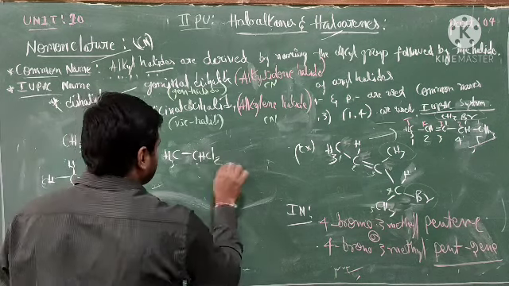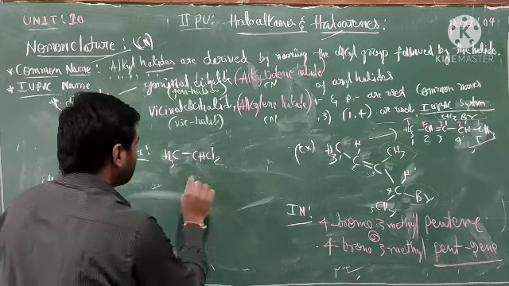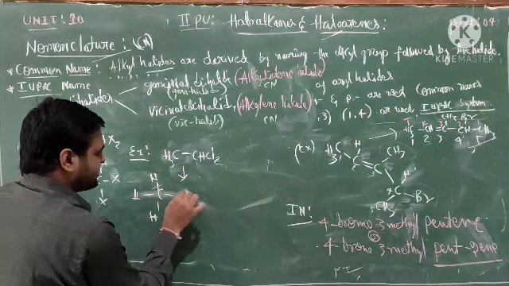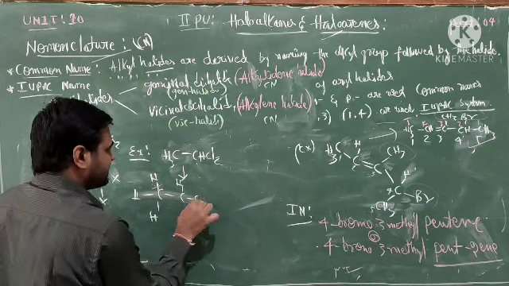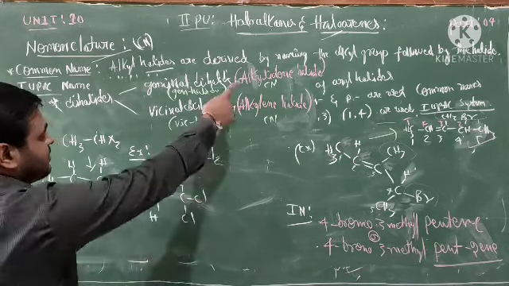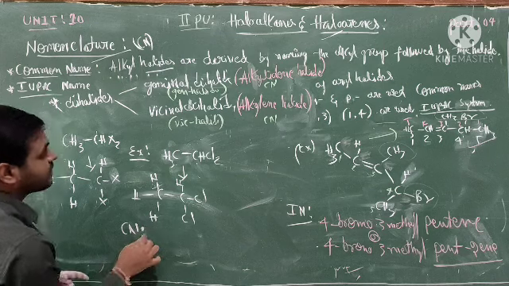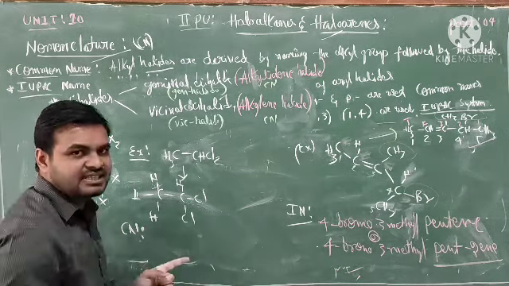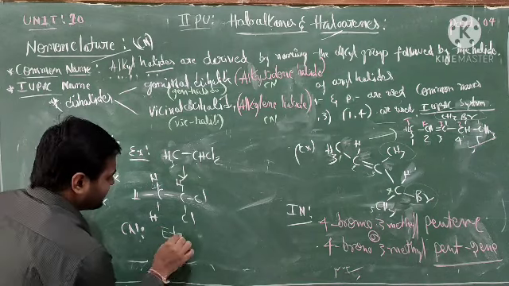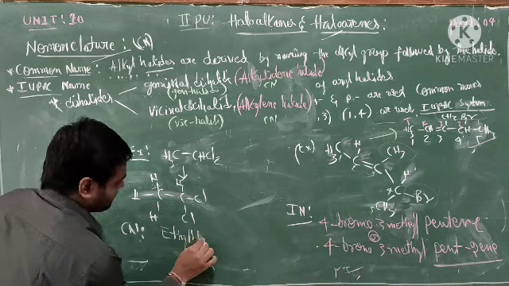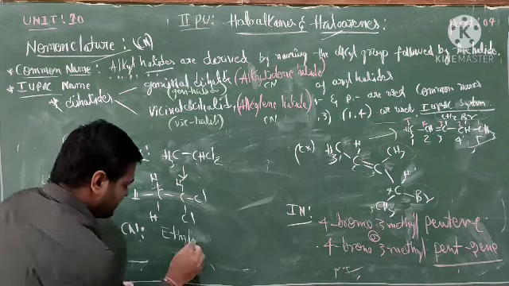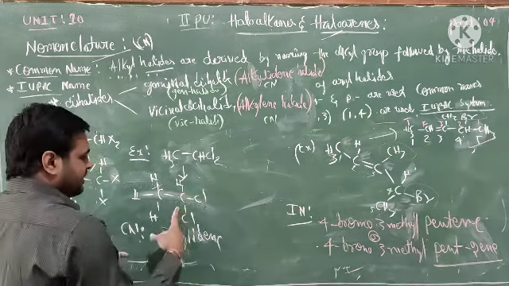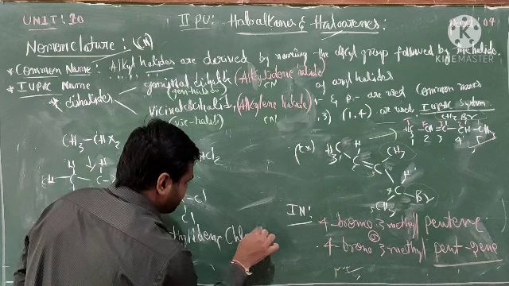CH3, CH, X, X. Either you write X, X. What does geminal mean? Geminal means two halogens are present on one carbon atom, the same carbon atom, and it is called geminal dihalide. See some other example. CH3, CHCl2. How do you write this one? The structure will be CH3, CH, and Cl, Cl. So write the common name. Alkylidene halide. Two carbon atoms means ethane, so this is ethylidene. Halide is chlorine, so chloride.